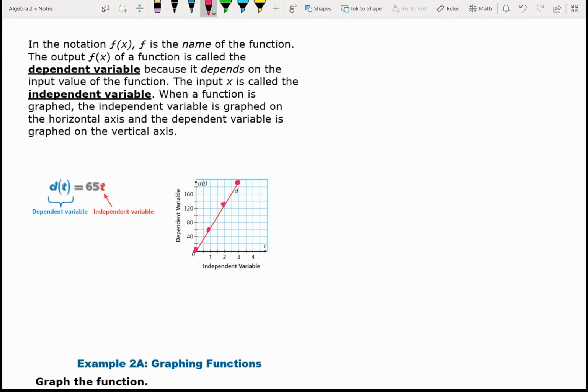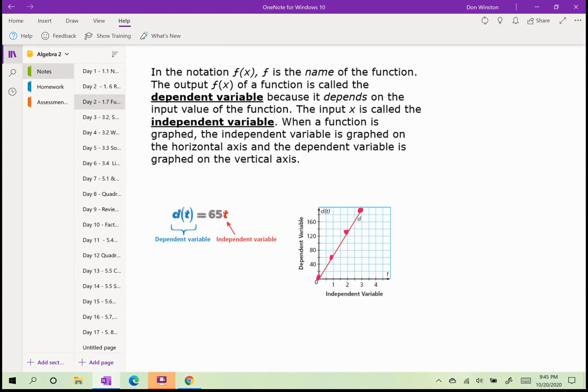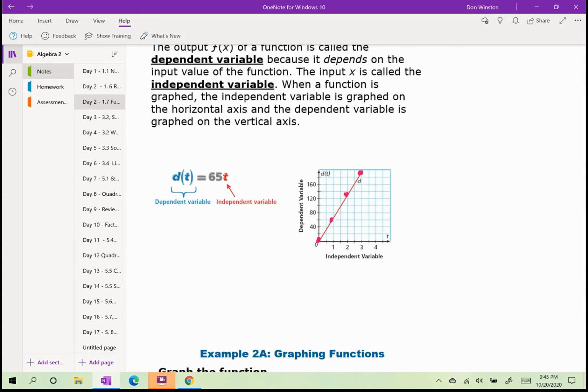And in 3 hours, what would that be? 195. So it's crystal clear that the distance you travel depends on time. T is the independent variable, and D of t is the dependent variable.